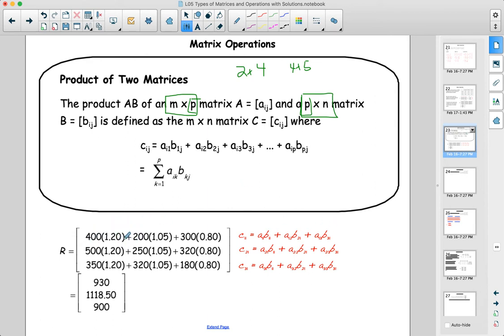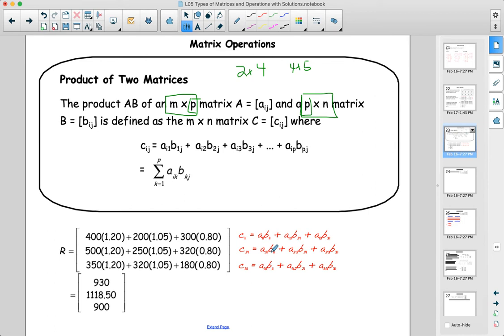Now, coming back to this matrix here, how did we achieve this? We did A11 times B11 plus A12 times B21 plus A13 times B31. How did we get the second one? This was 2,1. How did we get 2,1? Well, we started with A21 times B21.